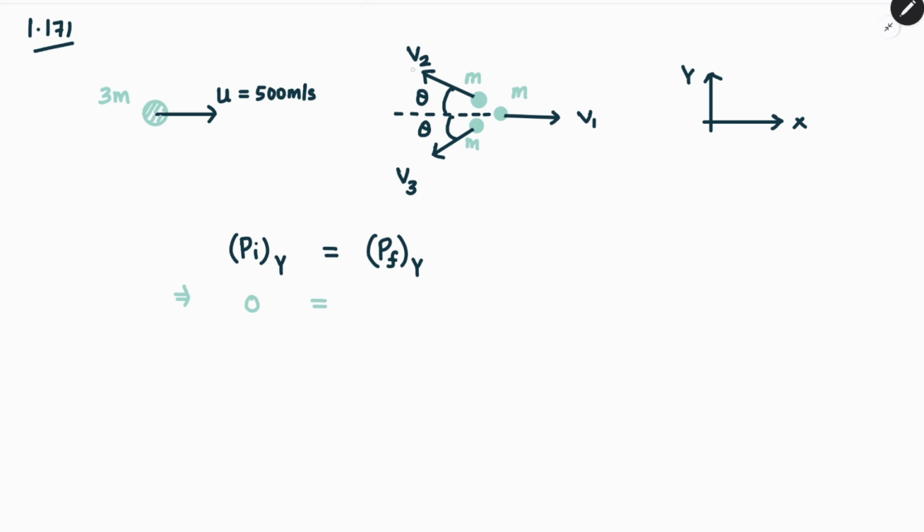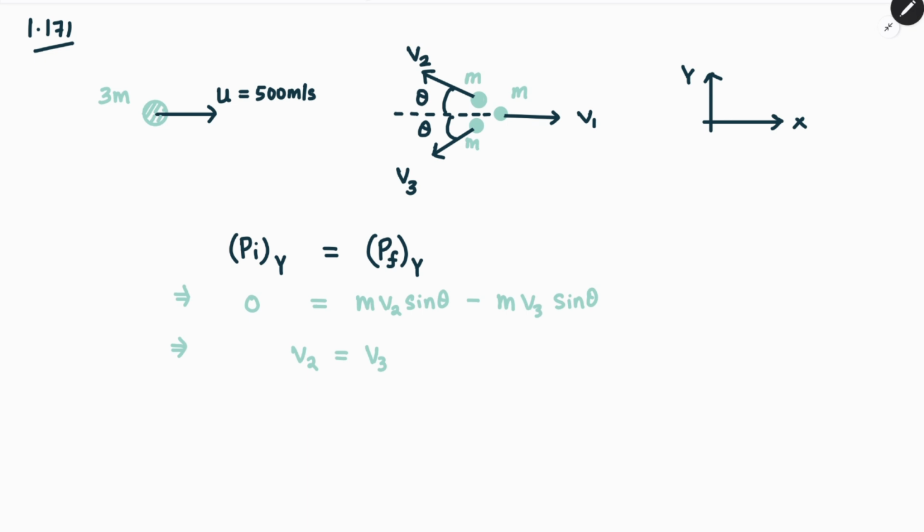If I consider v2 cos theta and v2 sin theta, we can write m v2 sin theta, which will be in the upward direction, is balanced by m v3 sin theta in the downward direction. And from here we can say that the value of v2 is equal to v3. So the magnitude of v2 and v3 must be the same.